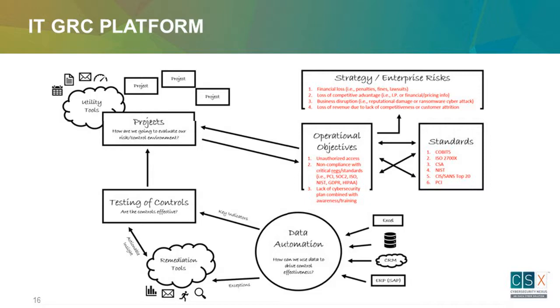If these are true, then some important initiatives might include identifying standards and regulations against which compliance would help mitigate these operational risks. These might include very common standards and regulations you might already be familiar with: COBIT, ISO 27001, 27002, CSA, NIST, SANS Top 20, PCI, the list goes on.